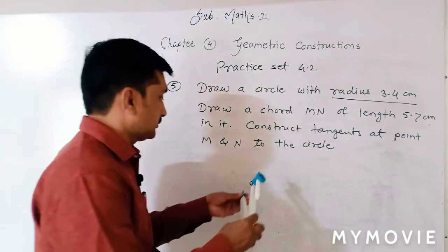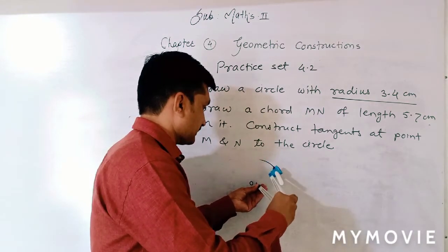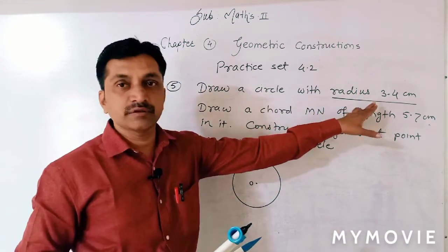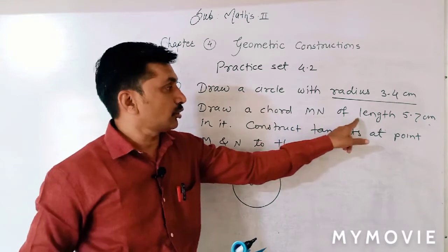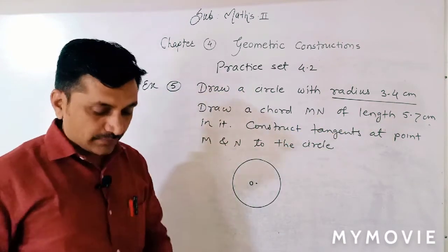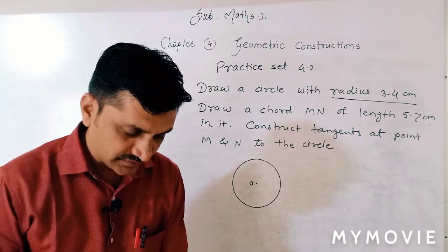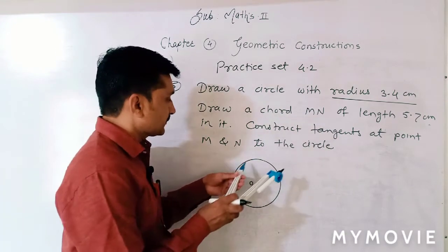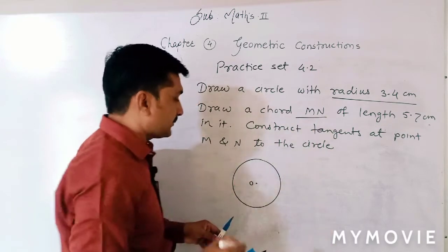first let's draw the circle. Here the circle is drawn with radius 3.4 centimeter. Chord MN of length 5.7. Then in the compass take a distance of 5.7 centimeter, and the name of the chord is MN.